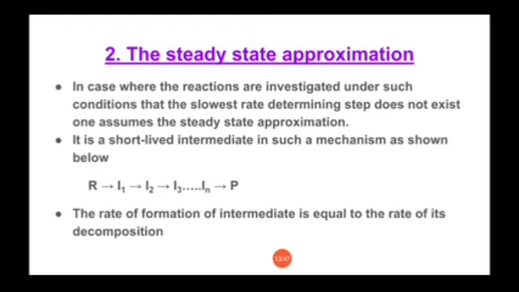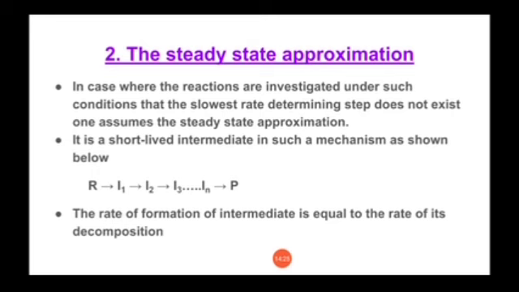And in this steady state approximation, we know that the rate of initiation is always equal to the rate of termination, which we have already studied. And the rate of formation of intermediate is equal to the rate of decomposition. It means that as soon as a new intermediate is formed, the last intermediate destroys itself.